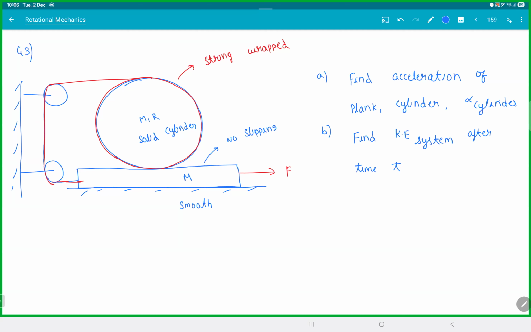I'm more keen on that. If you got that, then I think you got the equations right.